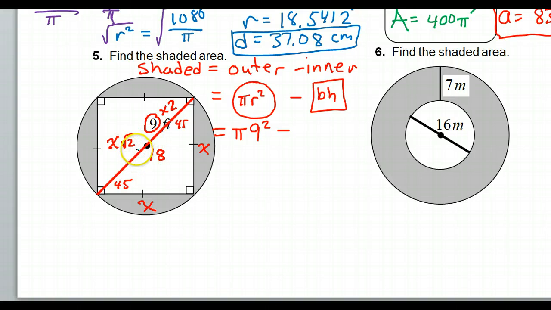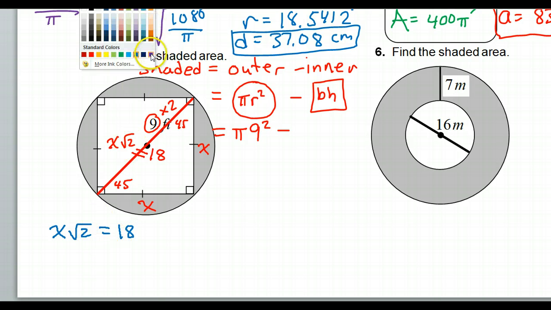So these two must be equal to each other. The x radical 2 is an expression for the hypotenuse, and 18 is the known length of the hypotenuse. So off to the side, I will make this little equation: x radical 2 must equal 18.